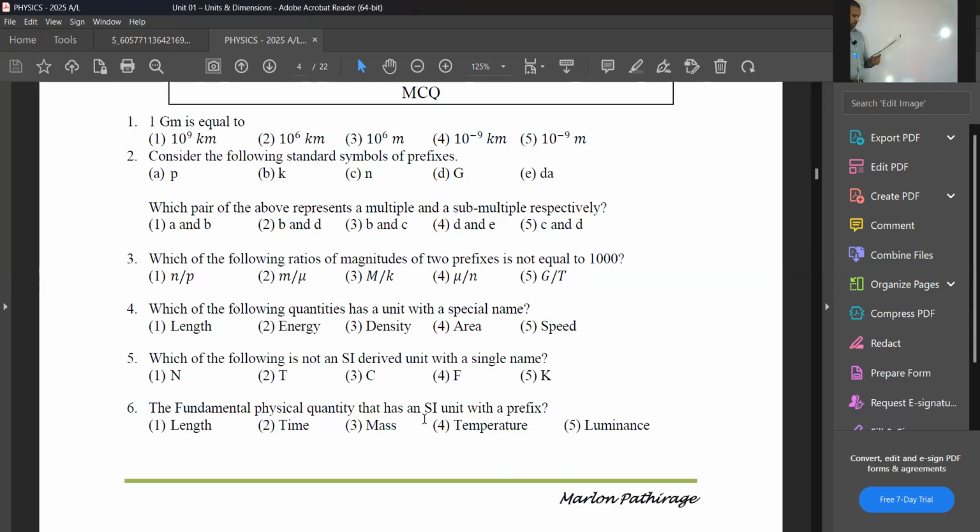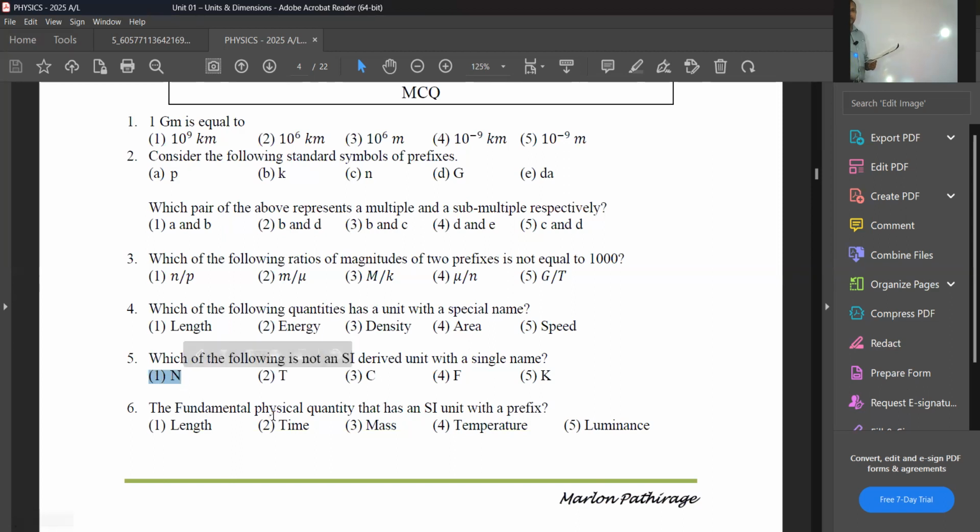Then which of the following is not an SI derived unit with a single name? For the fifth one, which of the following is not the SI unit with a single name? So what is the answer for the fifth one? Look at this. First answer, Newton.